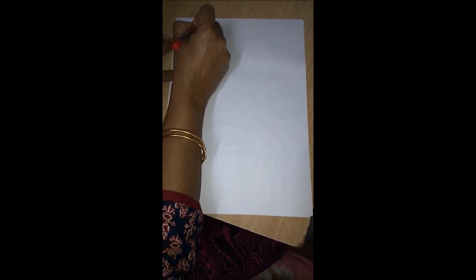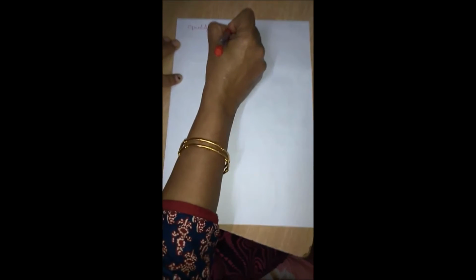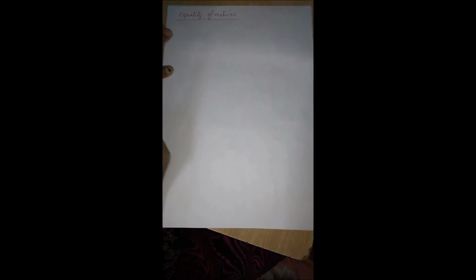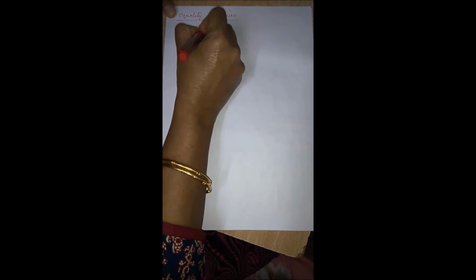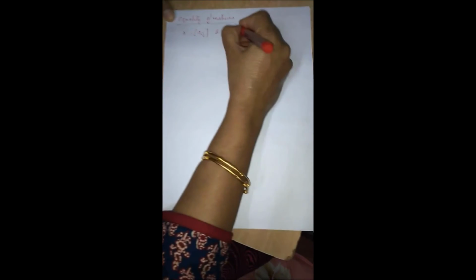Now, equality of matrices. In this we consider two matrices. Suppose A and B are two matrices.